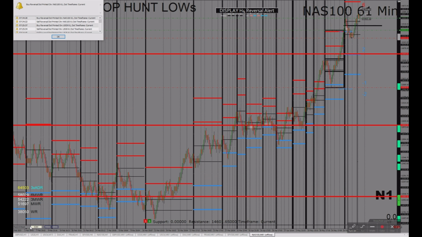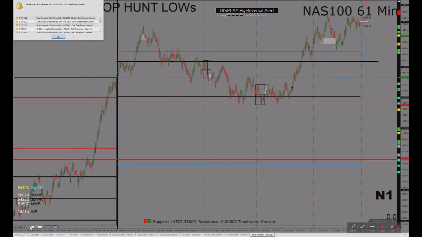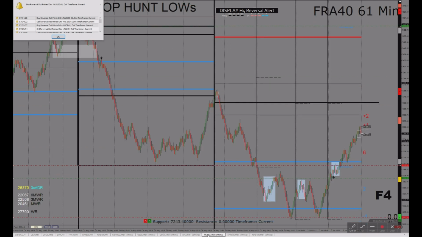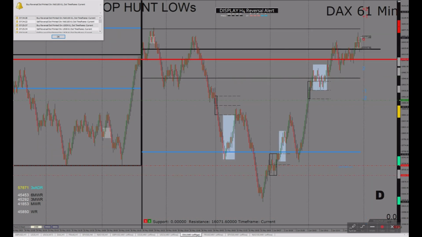So if I have a bias for NASDAQ to be selling or some type of price action structure to be setting up, then that will probably give me confidence on the price action for SPX for them to be selling, because these pairs mirror each other very well. Could say this has a negative correlation.